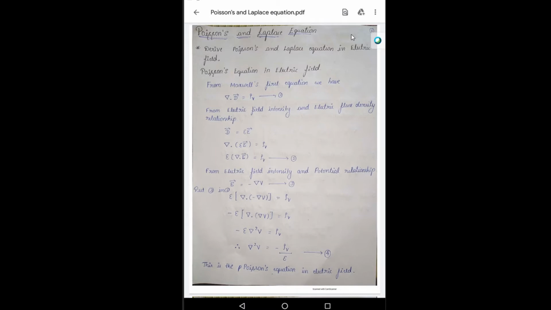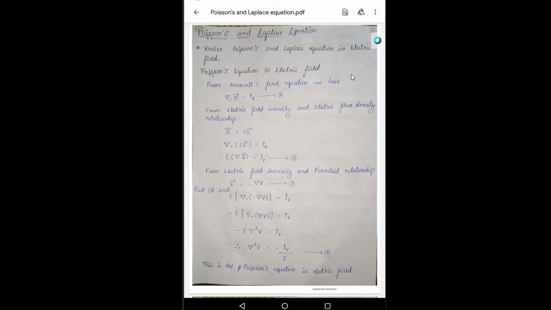In the bracket we have del dot del V, that is equal to rho V. And you should know in the dot product, del dot del is equal to del square. So it becomes minus epsilon del square V is equal to rho V. So finally del square V is equal to minus rho V by epsilon. This is called the Poisson's equation in the electric field.